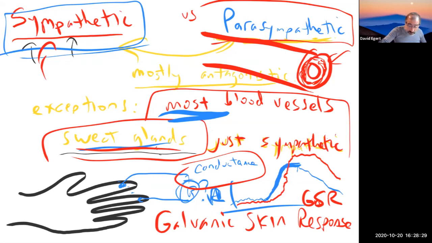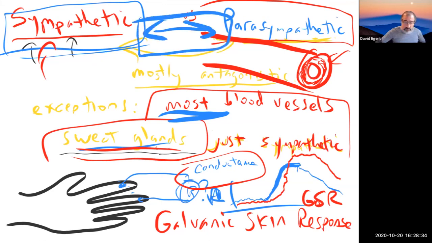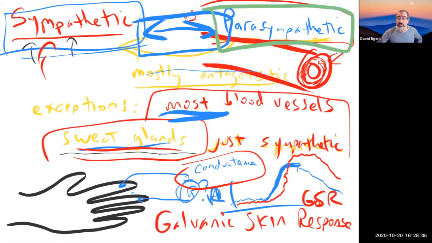The other thing, talking about sexual response, that's one of the places where these work together rather than being antagonistic. In sexual response, parasympathetic is responsible for the vasodilation leading to erection. But then at the height of sexual stimulation, there's orgasm, and that's actually a shift from parasympathetic to sympathetic activity.